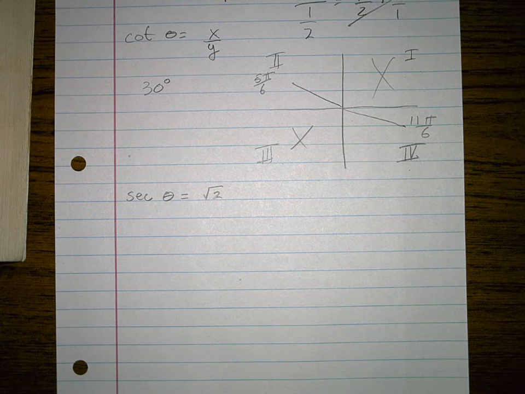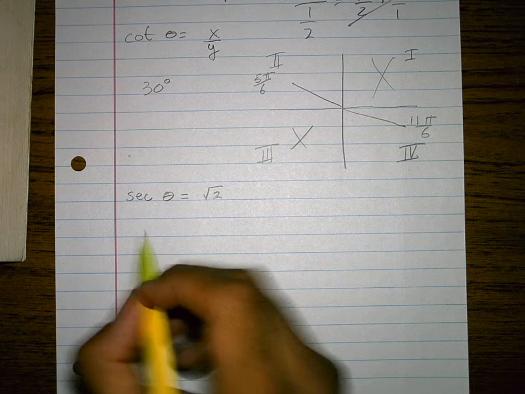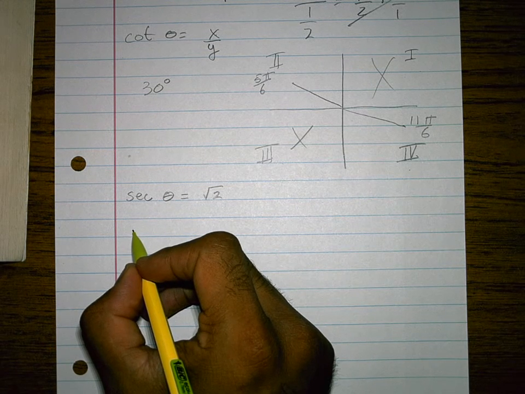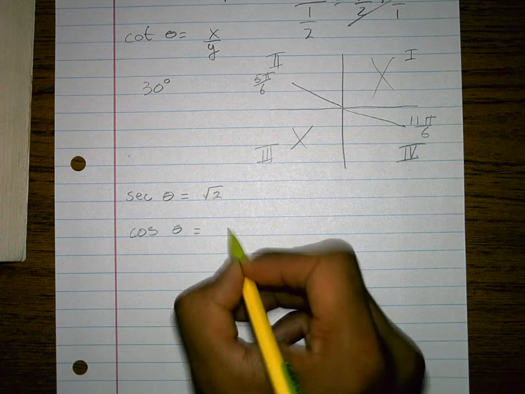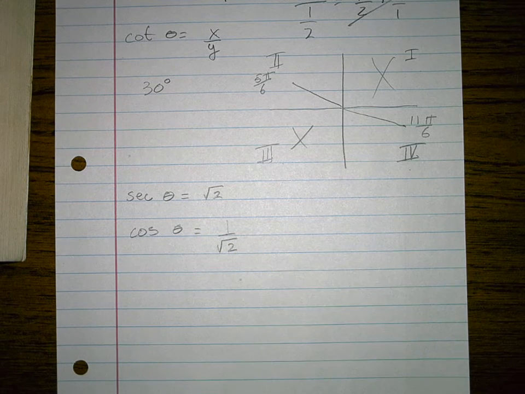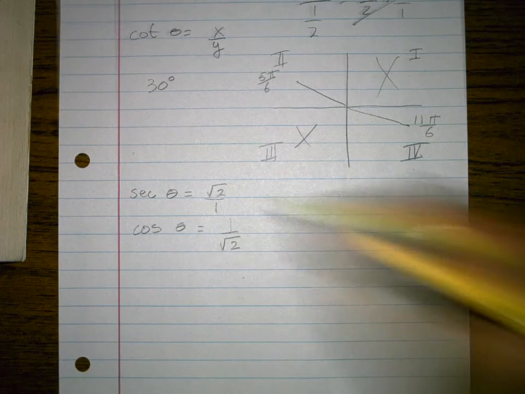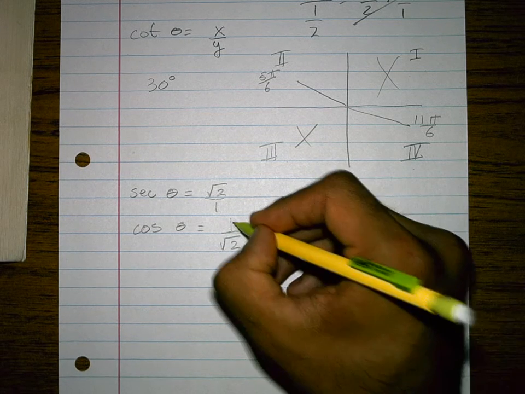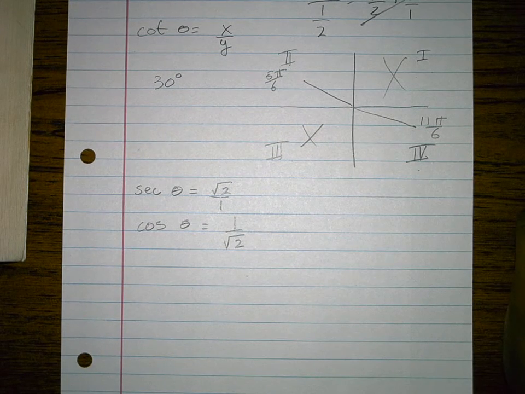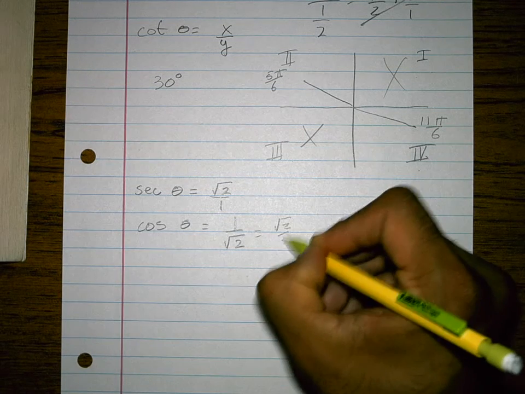All right, so I've got to find a reference angle. Secant corresponds to cosine. Once again, I have this situation where it's going to be a 45, just in the unrationalized form, so I may not see that right away, but this is the same as root 2 over 2.